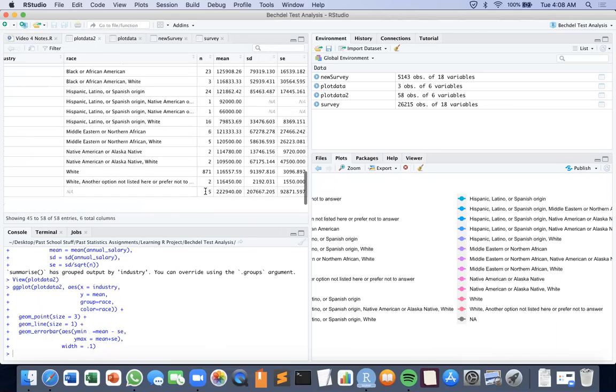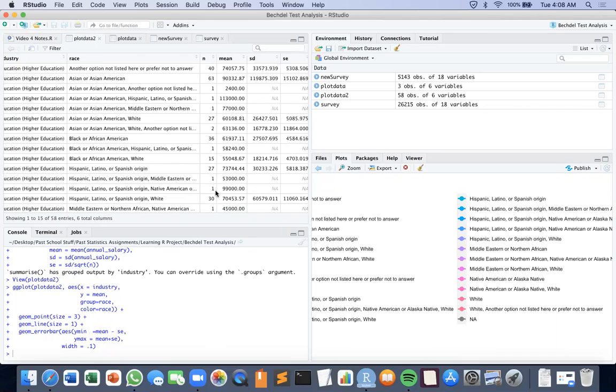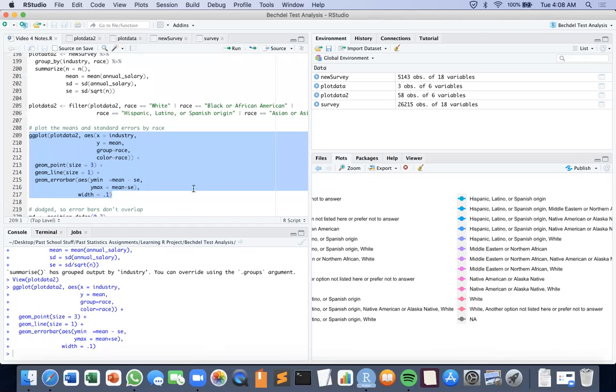And we can have conversations. Obviously, those people shouldn't be excluded. But for us right now, we can't really summarize each of those in a line because there's just one point. That kind of defeats the point of having a summary statistic like the mean.